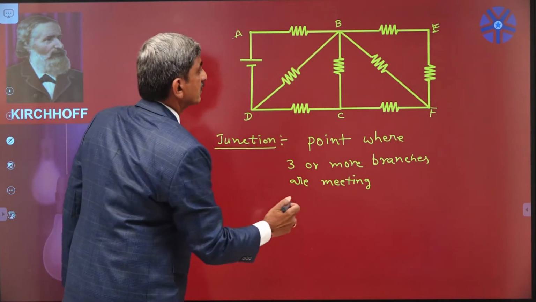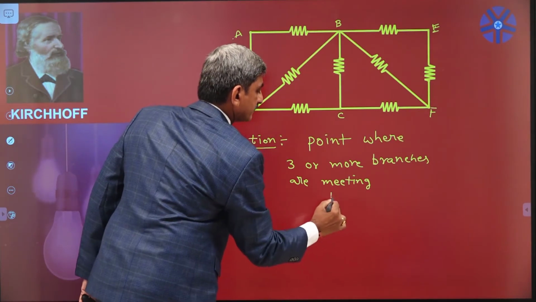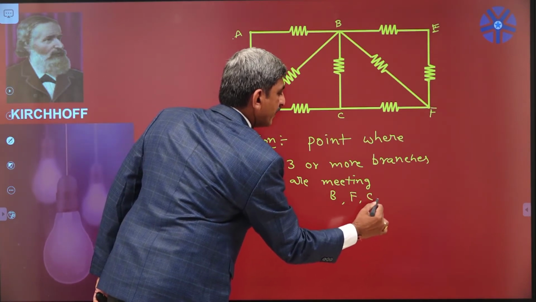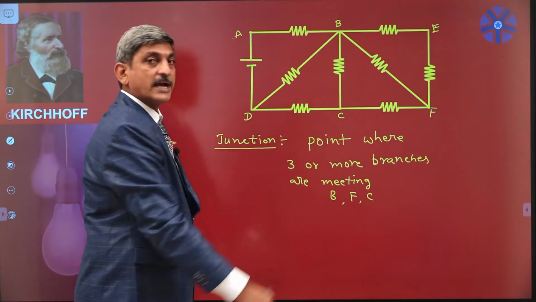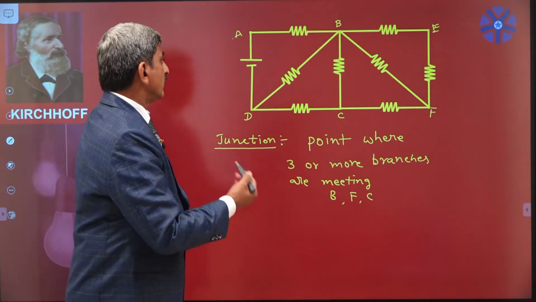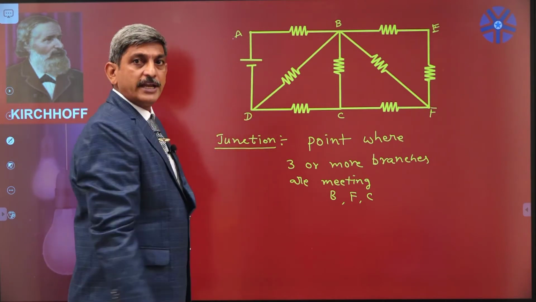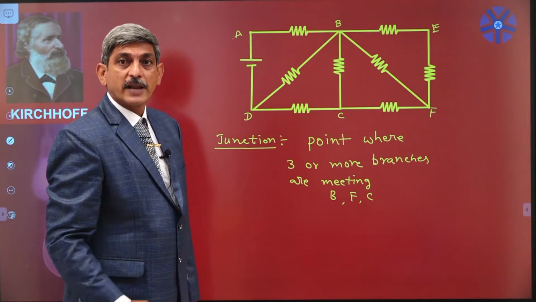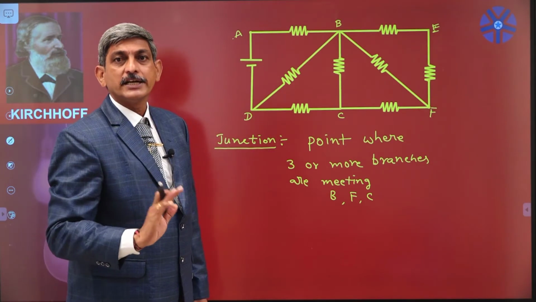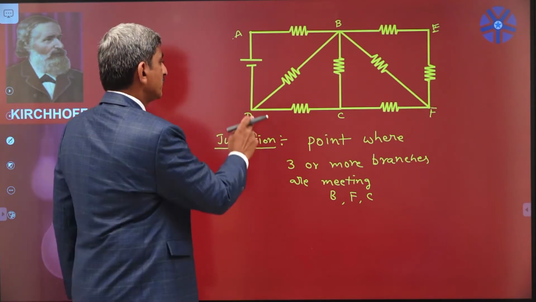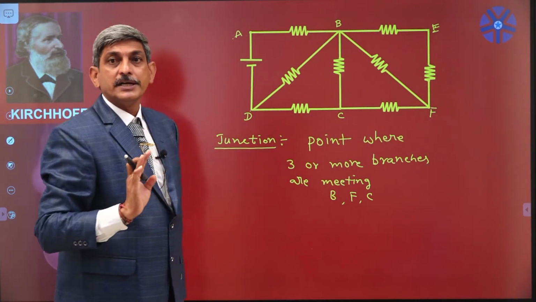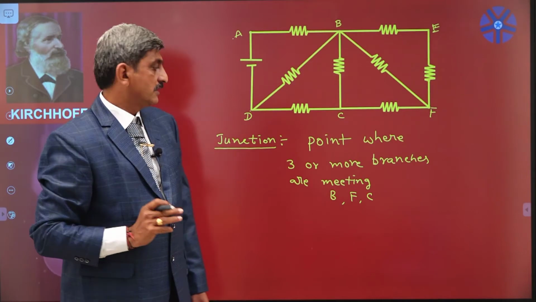So in this network, the points B, F and C are the examples of the junction. Suppose if we consider a point A, here how many branches are meeting? Only two branches are meeting, so it is not treated as a junction. Similarly, D, E are also not treated as junctions.